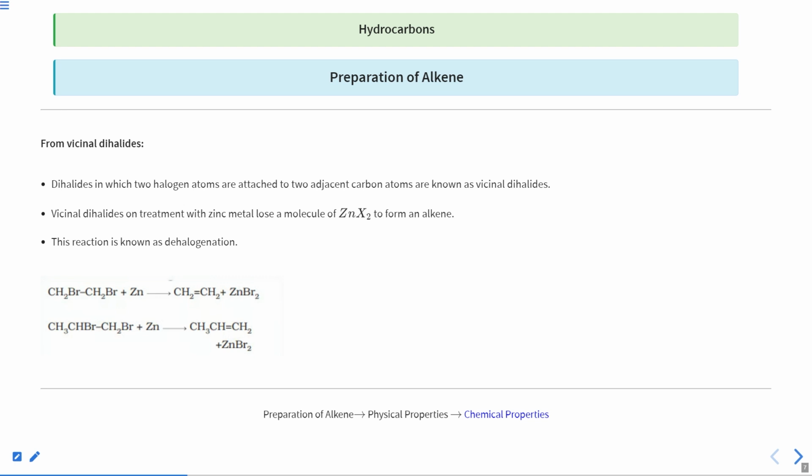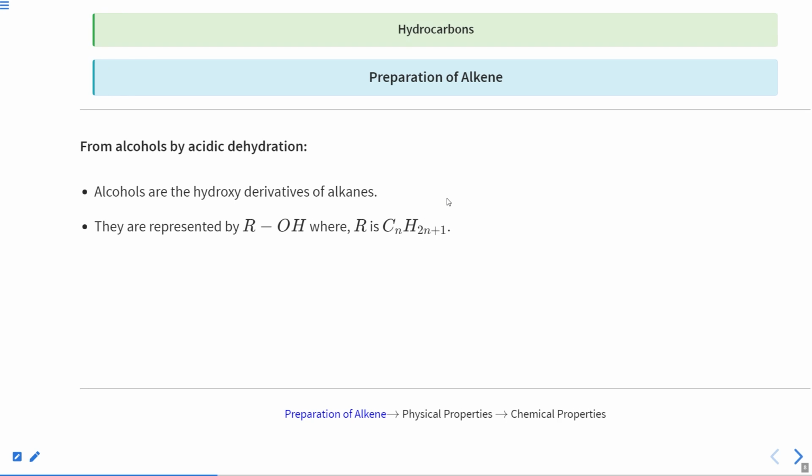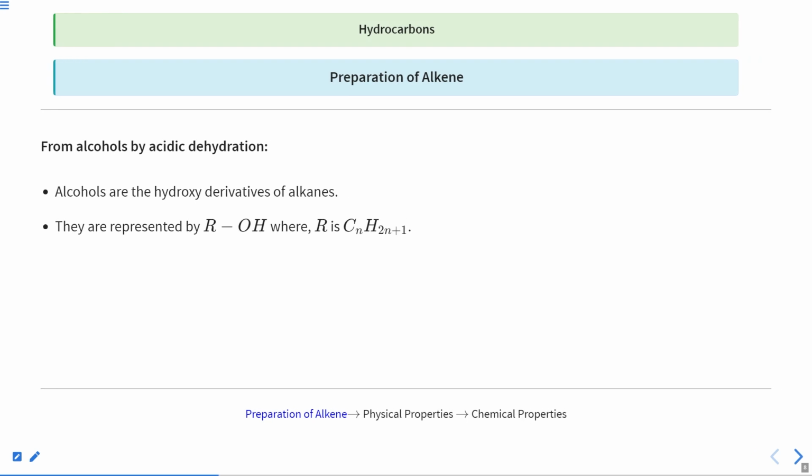Again, we have another example here, and this also results in the alkene. Clear? Okay. Now the side product is ZnX2, where X is the halogen present in the vicinal halide. Clear? Okay.